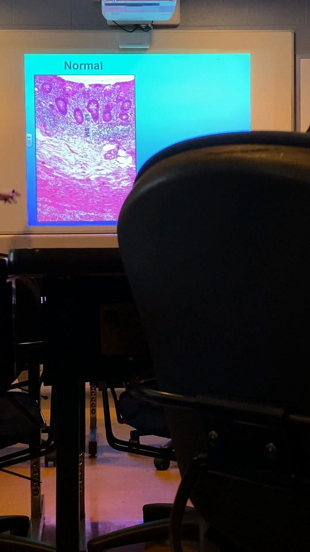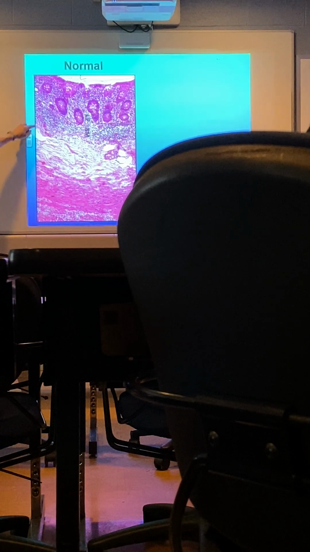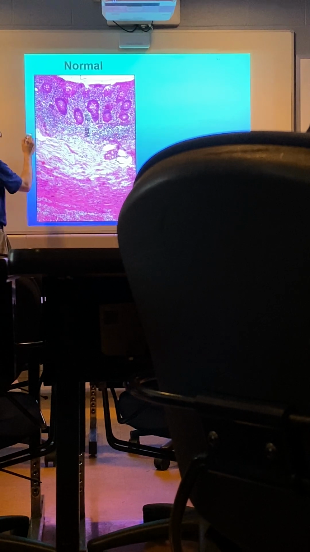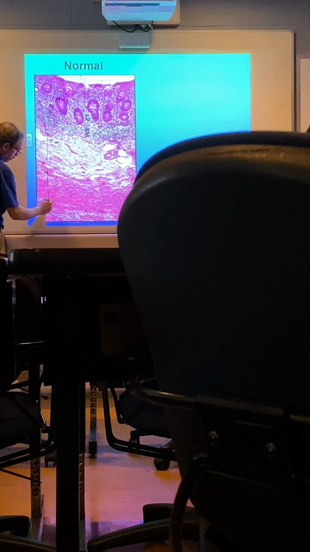Take a closer look. Again, here's normal. You've got the lumen out here, and you recognize this as mucosa. There's the mucosa. This would be the submucosa. And this down here, of course, is the muscularis propria, and you can actually see some serosa out here.